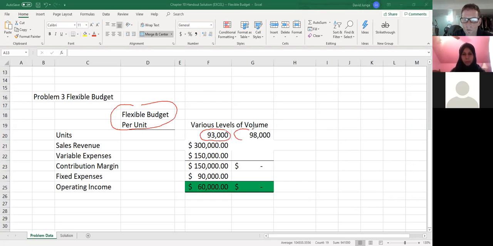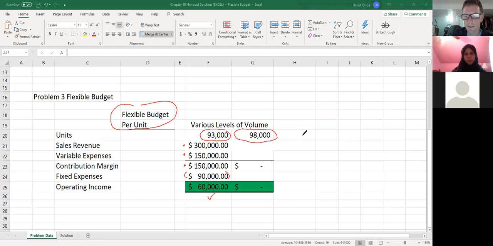And of course, you've got to figure out what it's going to be for 98,000. And I went ahead and I just plugged in the totals that were given. They gave you 300,000. They gave you 150 of variable expenses. And of course, 300 minus 150 is your contribution margin, 150. And then of course, you subtract out 90 and your operating income would be 60,000. That's pretty easy. You guys all can do that.